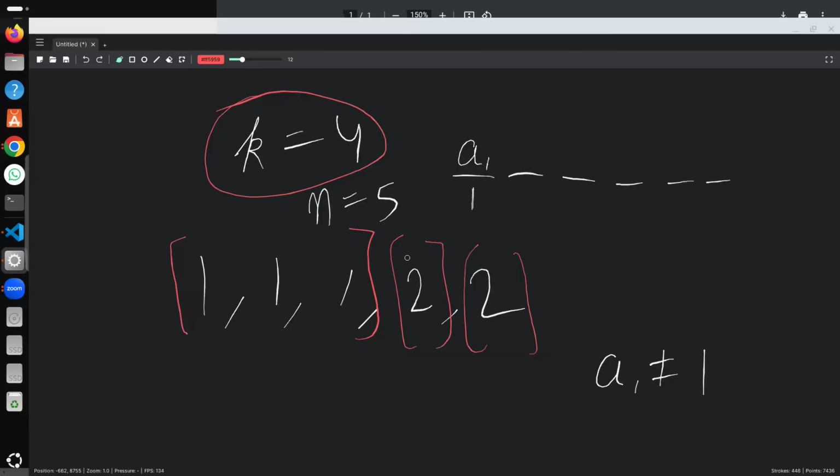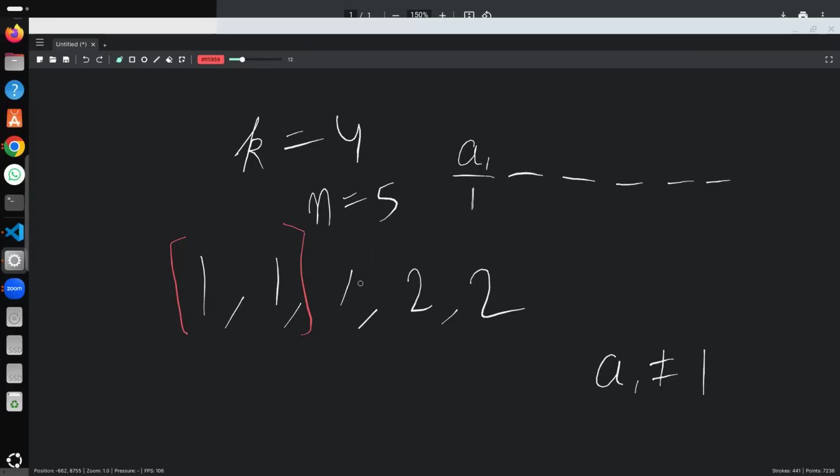So basically we cannot take 3 elements in the first partition. We can at max take only 2 elements in the first partition, and then we'd have to take 1 in each one, right? So we cannot take 3 elements in the first partition, and therefore the answer to this is not 1, right?